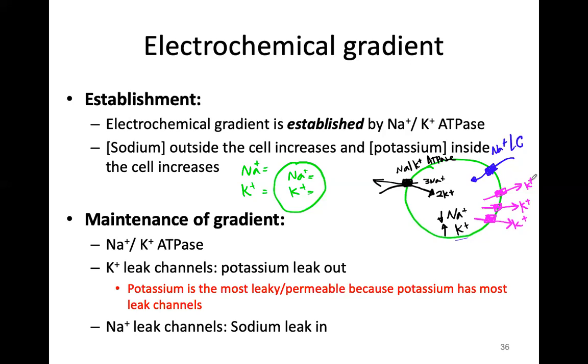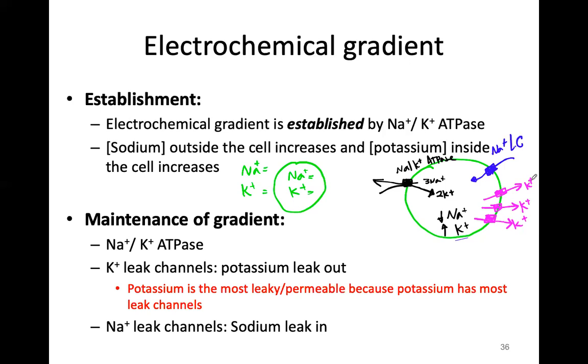So if I'm taking a lot of positive out of my cell by pushing a lot of potassium out, but only replacing a small amount of that, then what is the tendency of your cell? The tendency of your cell would be to become more negative because you're pushing a lot of positive out of the cell, okay? Hopefully that makes sense.